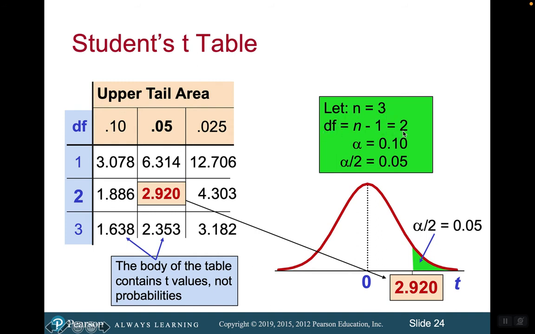N minus 1 is 2, which gives us our 2 degrees of freedom. And then for this upper tail area, you say it's 0.1, but it's upper tail, so it's divided by 2. Basically, that's what this 2.90 gives us.